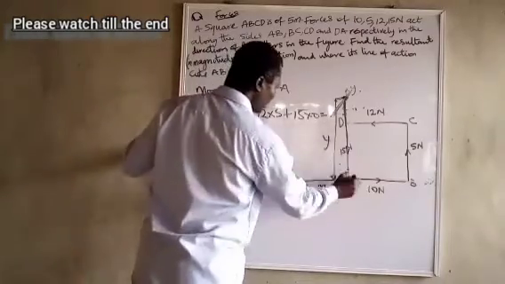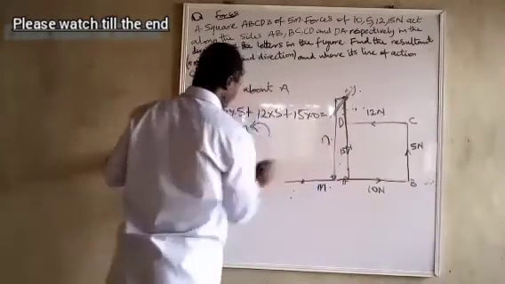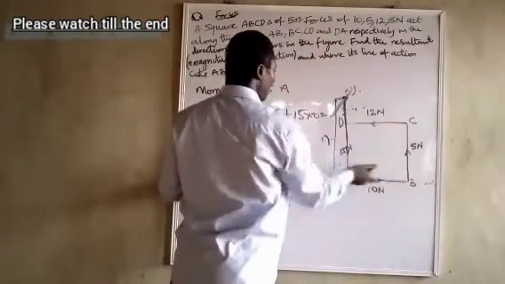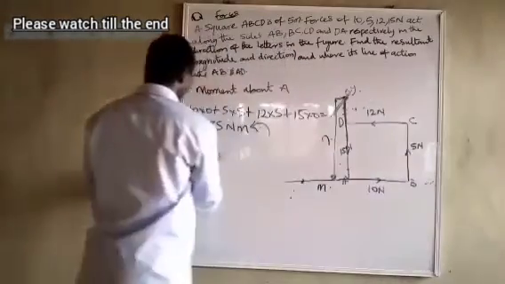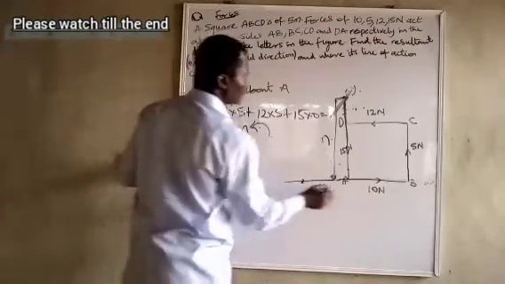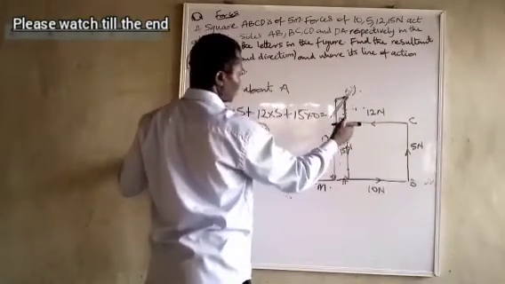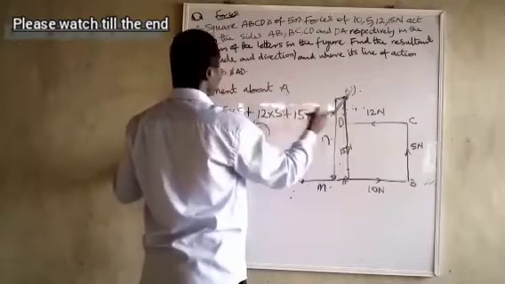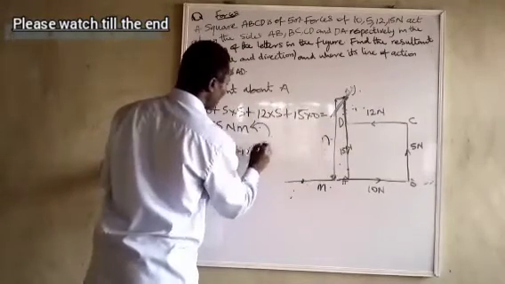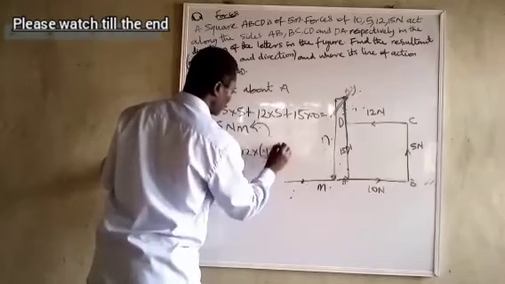Let me make the distance from here to here n, so there will be no confusion. This one is still anti-clockwise, plus 5 times 5. This one is clockwise, minus 12 times n minus 5.